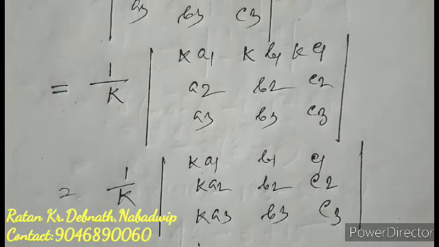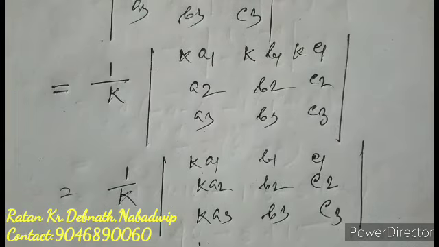I think you understood what the property means to say. So in case of matrix you can multiply all the elements, but in case of determinant you can multiply any one of the rows or columns, then the determinant will be multiplied by the constant.